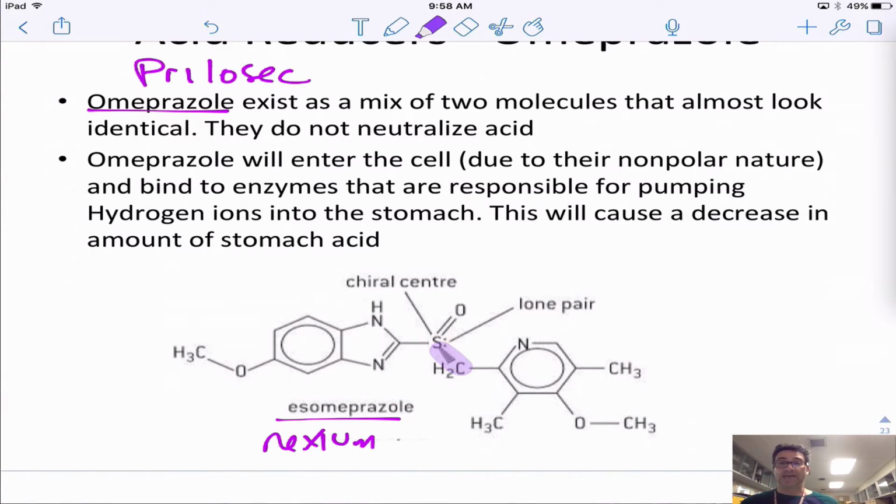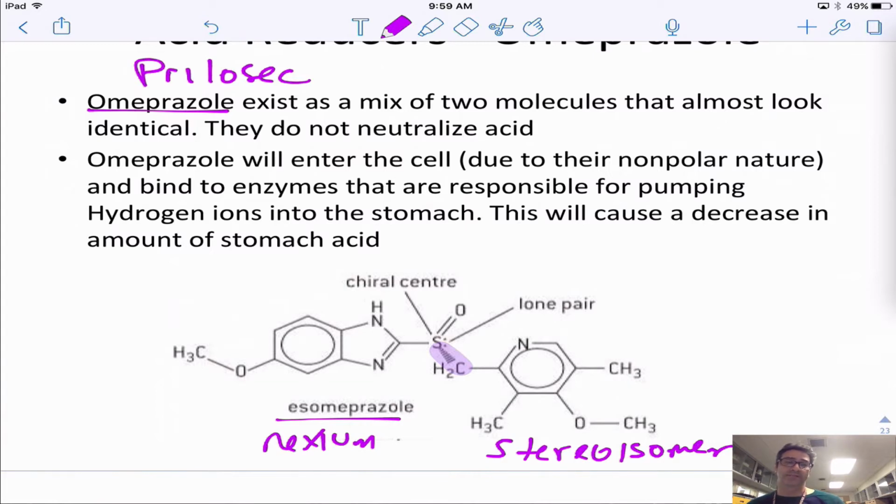Omeprazole has it coming out of the page. Those are called stereoisomers. And believe it or not, that simple change, the positioning of where that CH2 group is, completely affects the function of this.